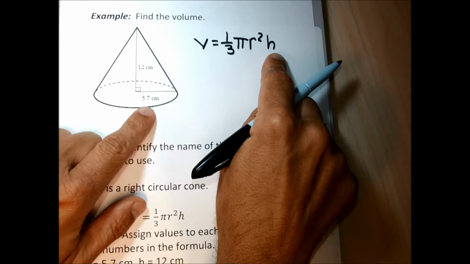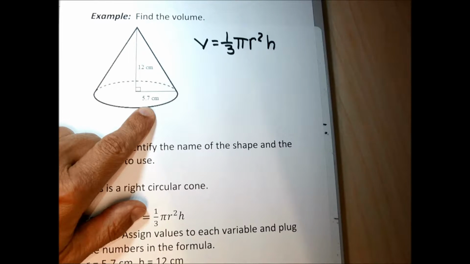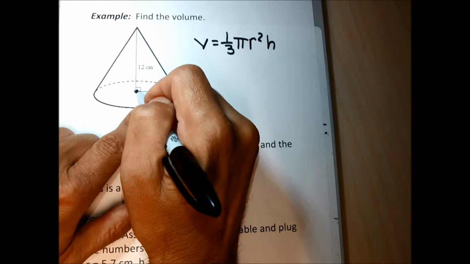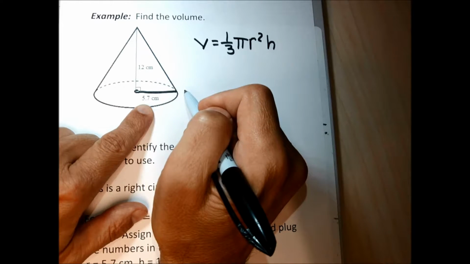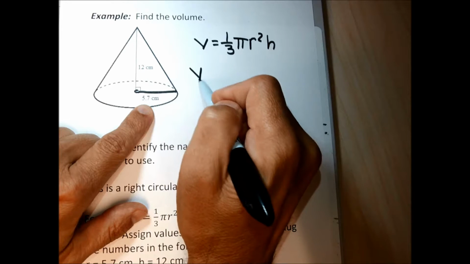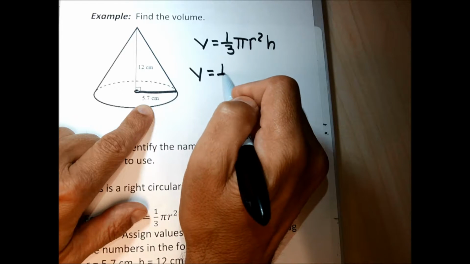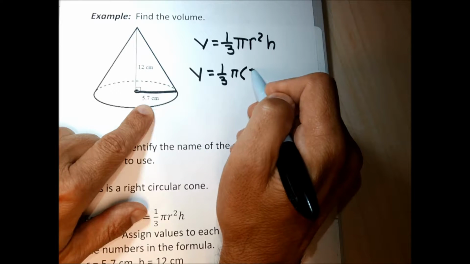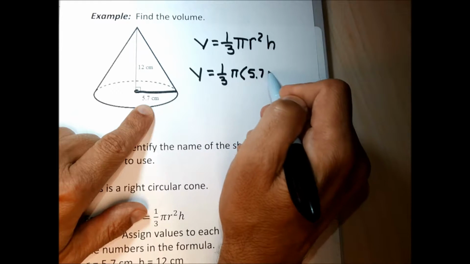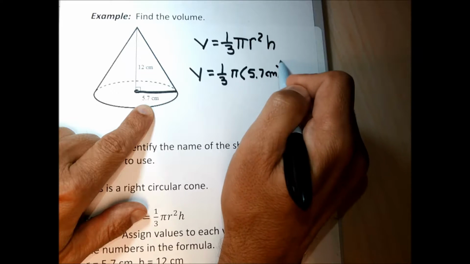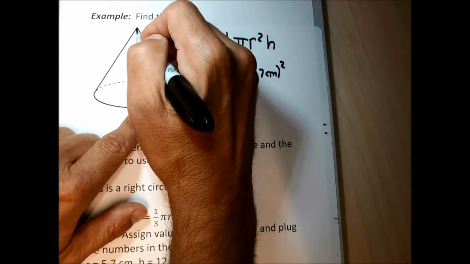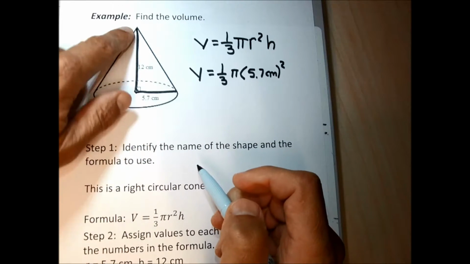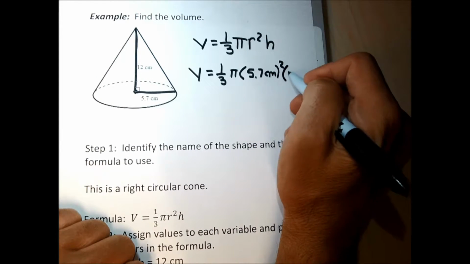R has to do with the circular base, and it's the distance from the center of the circular base to one of the sides. So the R is going to be 5.7 centimeters, and it's going to be 5.7 centimeters squared. And then the height is the distance from the center of the base to the point, and that's 12 centimeters.